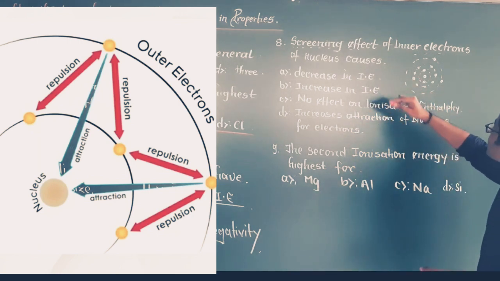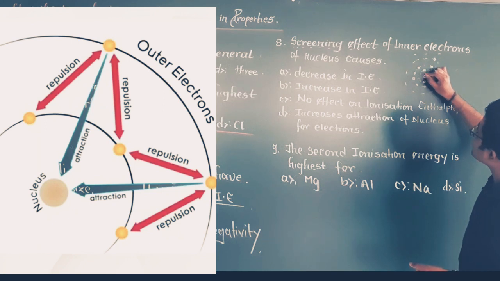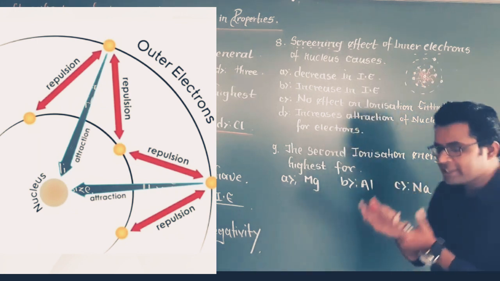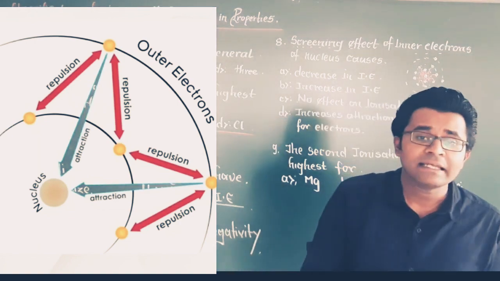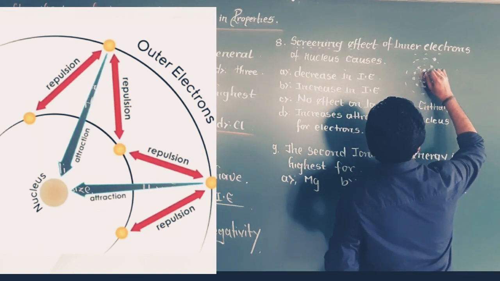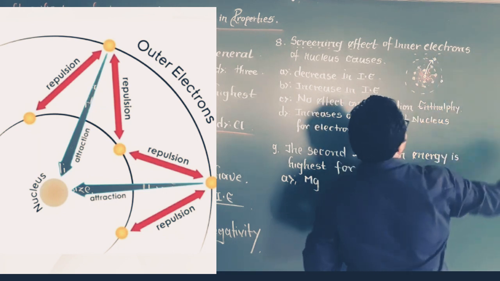Now, what will happen? The shielding effect or screening effect: these electrons are going to surround the nucleus very well from all the sides. Thus, it decreases its attractive power to the outermost electrons.